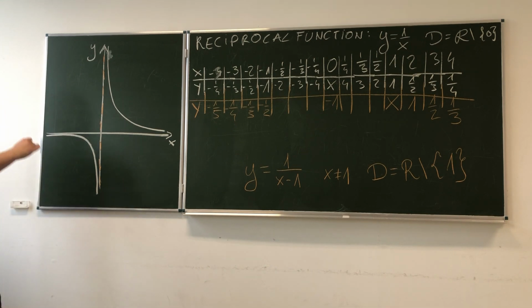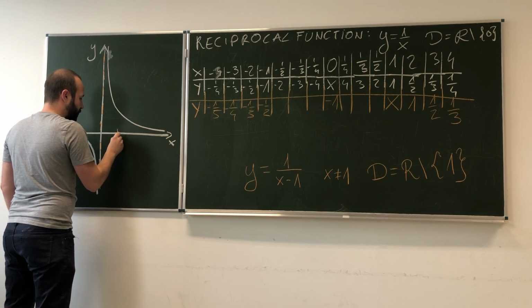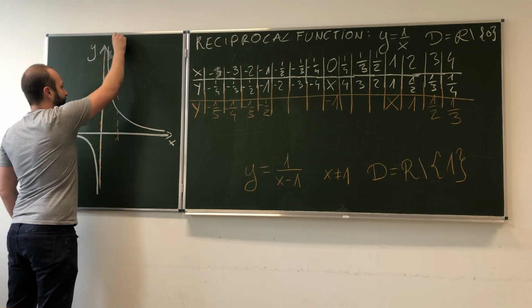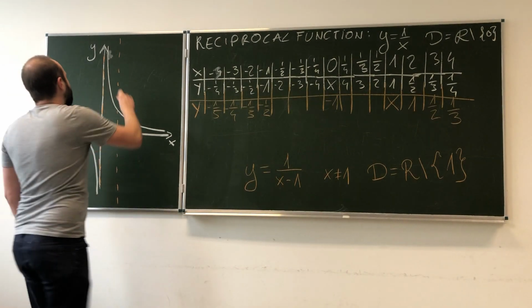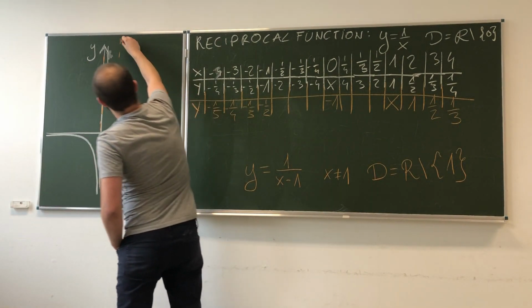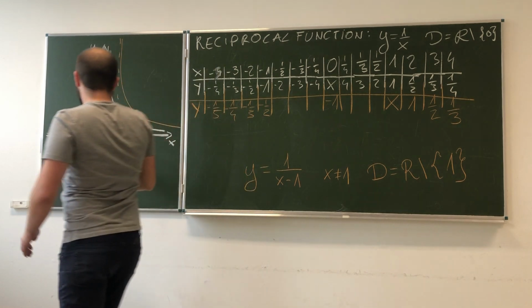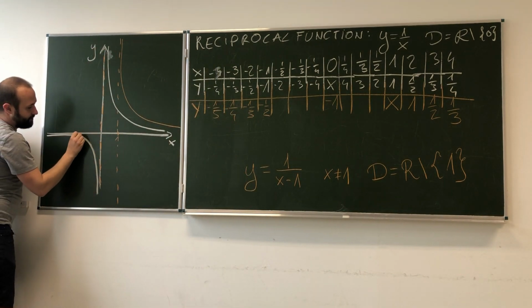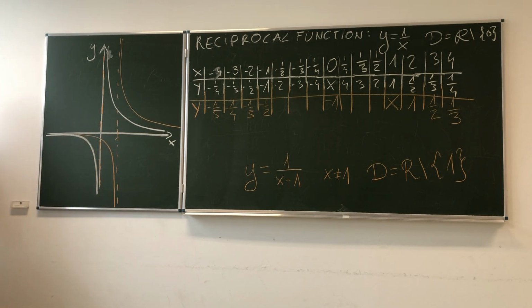So the easiest way to do it is to move the asymptote to the point 1 and draw a new one. Look, now all we've got to do to draw this function is to treat this as y-axis and draw more or less the same shape. And the same goes here.